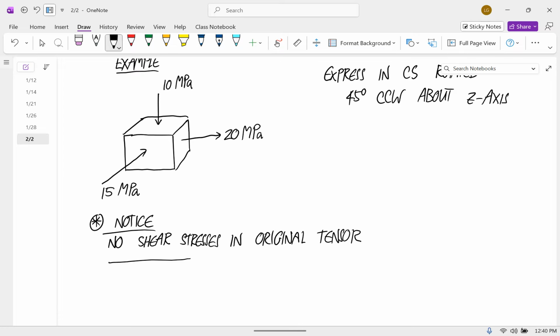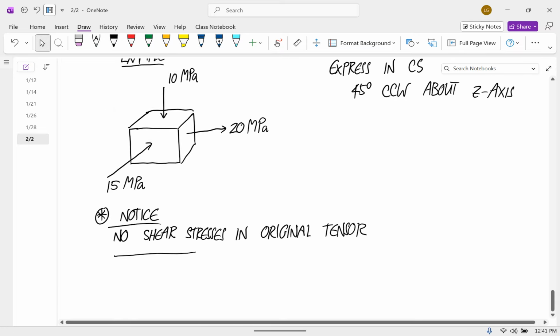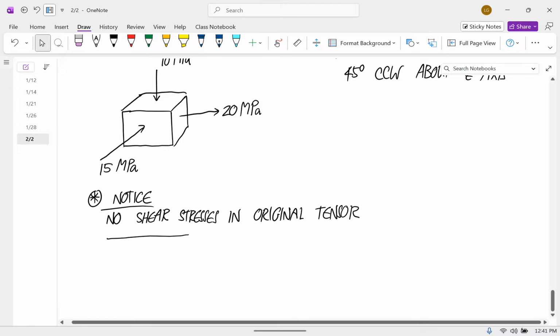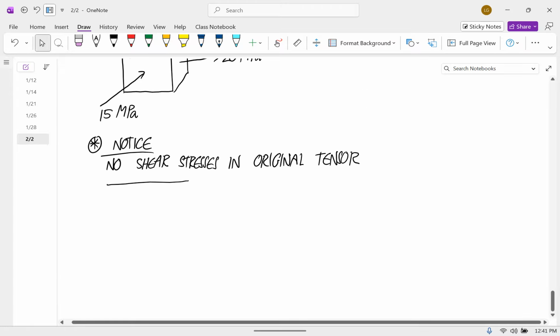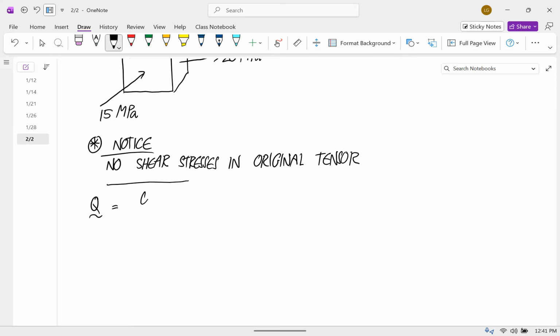Okay, so we want to rotate 45 degrees about the z-axis. So our rotation matrix is going to be cosine of 45, sine of 45, 0, negative sine of 45, cosine of 45, 0, and then 0, 0, 1.